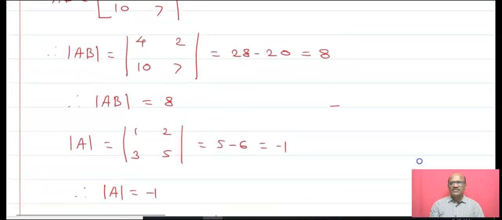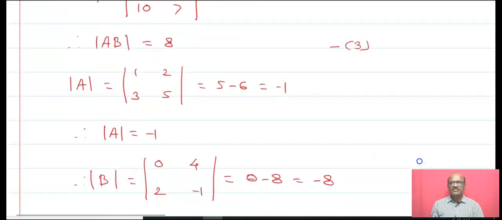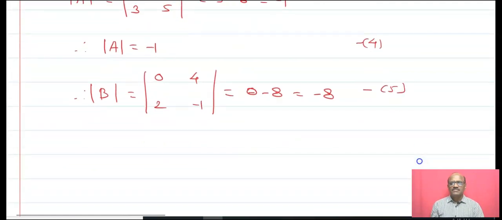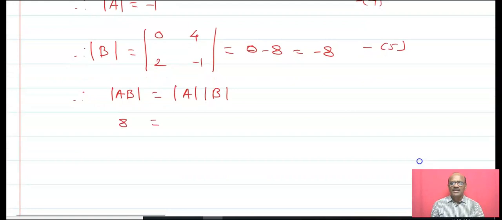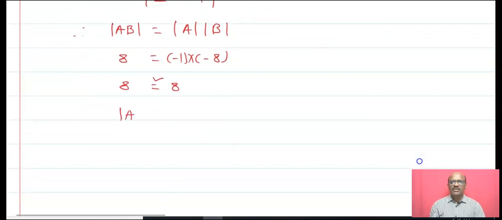And their product, minus 1 into minus 8, that is plus 8. Therefore, determinant of AB is equals to determinant of A into determinant of B. And in this way, we have completed up to the question number 25.